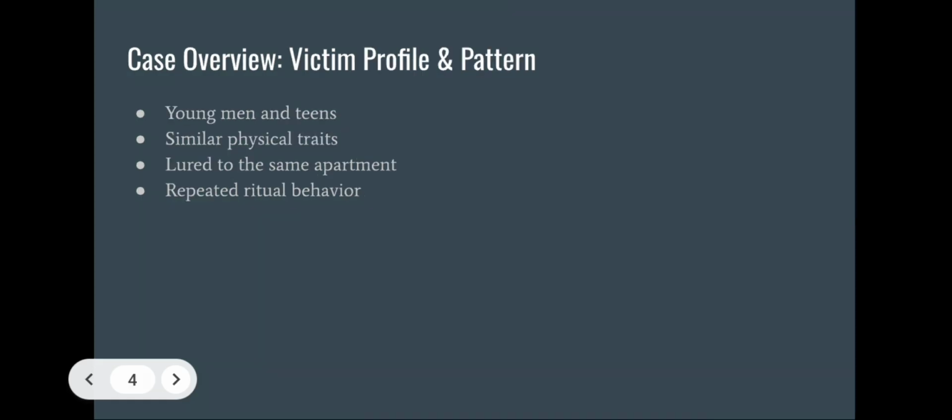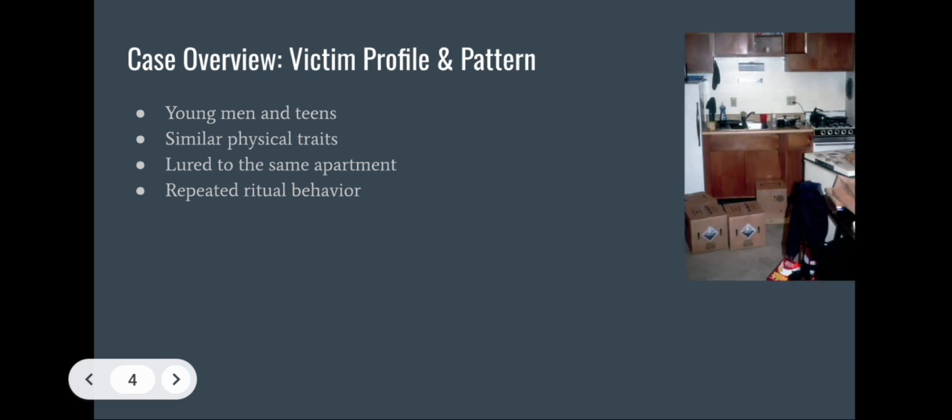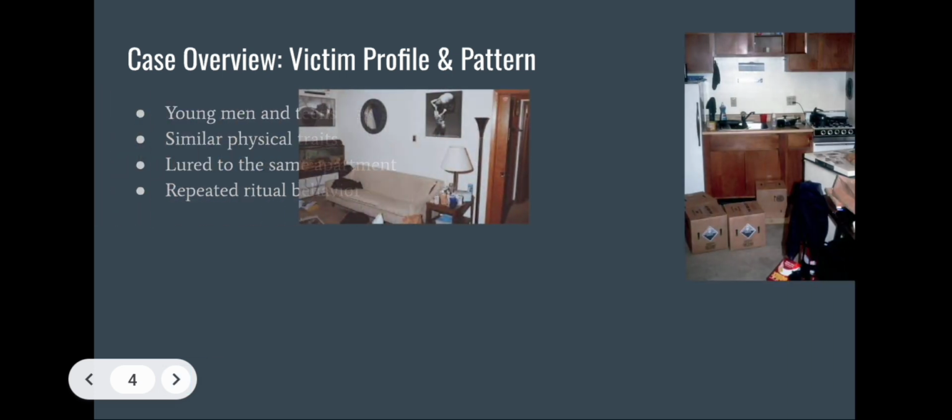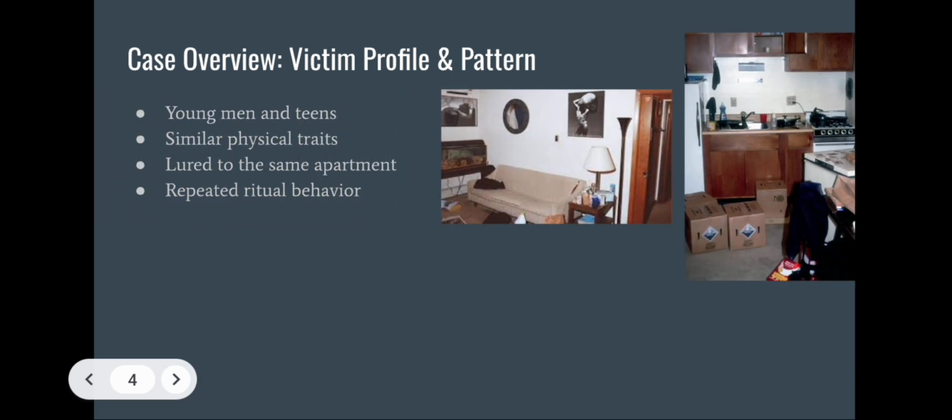So, with victim profiling and patterns, Jeffrey Dahmer followed a consistent victim pool. His victims primarily shared similar traits, such as being young, male, gay, mainly minority, and having certain vulnerabilities that allowed Jeffrey Dahmer to manipulate them into coming back to his apartment.